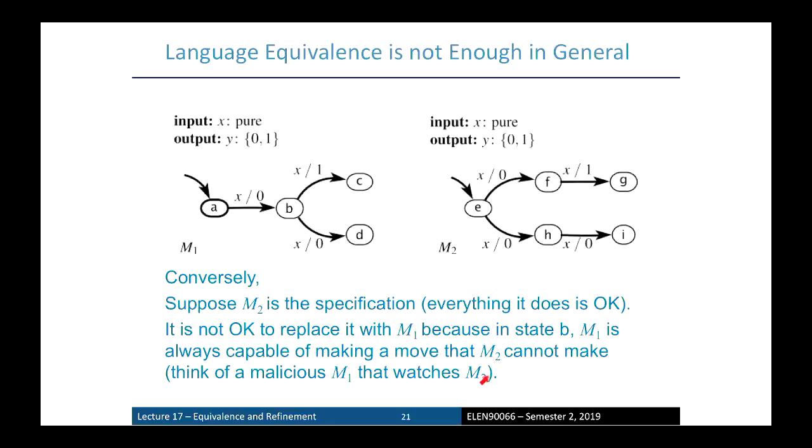It's going to watch what M2 can do, and it's going to try and screw us up. Why not? So, for instance, let's say that this transitions through. So M1 can see what M2 is doing, if you like.